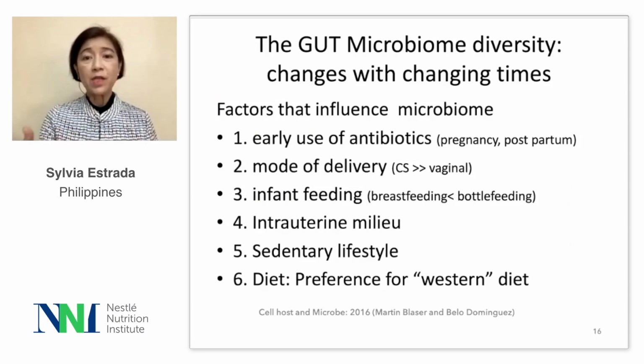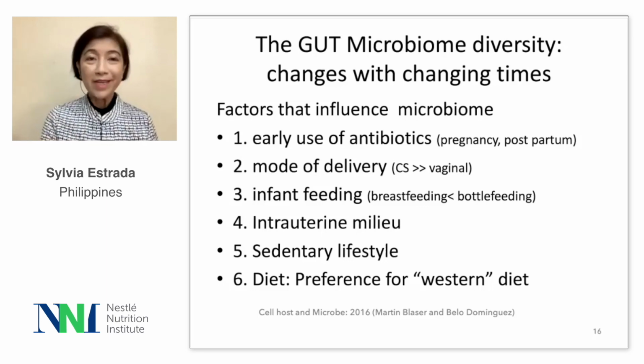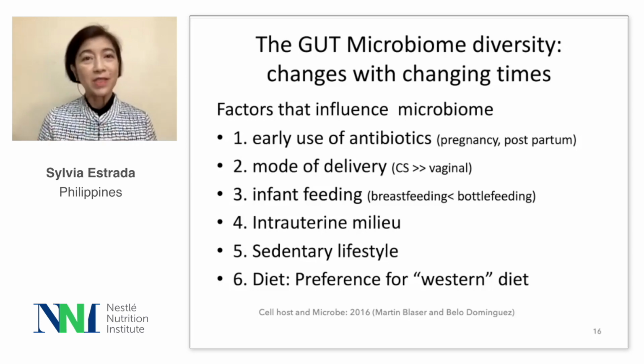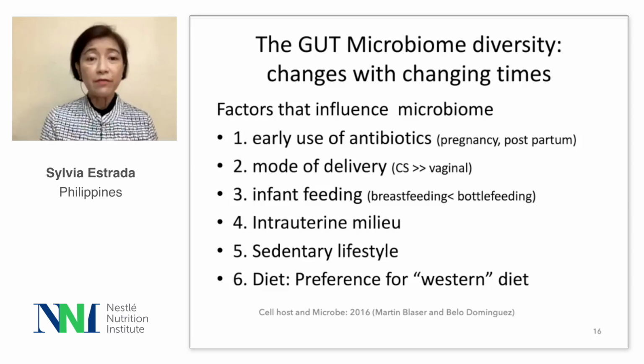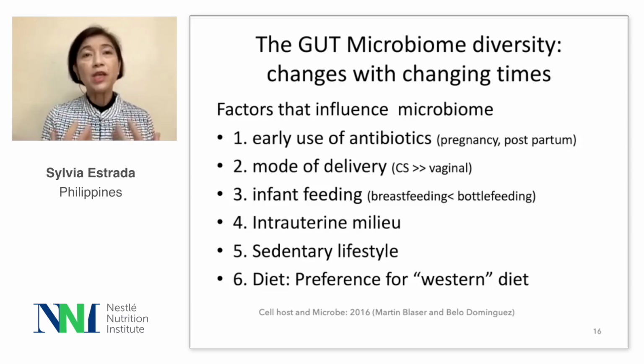And again, the factors that influence this microbiome change would be the early use of antibiotics, whether they were needed or not, whether in pregnancy or just immediately postpartum, and the mode of delivery. Nowadays, many mothers prefer to go for the cesarean section, again limiting that gut biodiversity for the infants. Infant feeding, again: breastfeeding is not very popular, unfortunately, because this can actually gift your infant with good gut microbiota. Also the intrauterine milieu, sedentary lifestyle, and the preference for the Western diet.